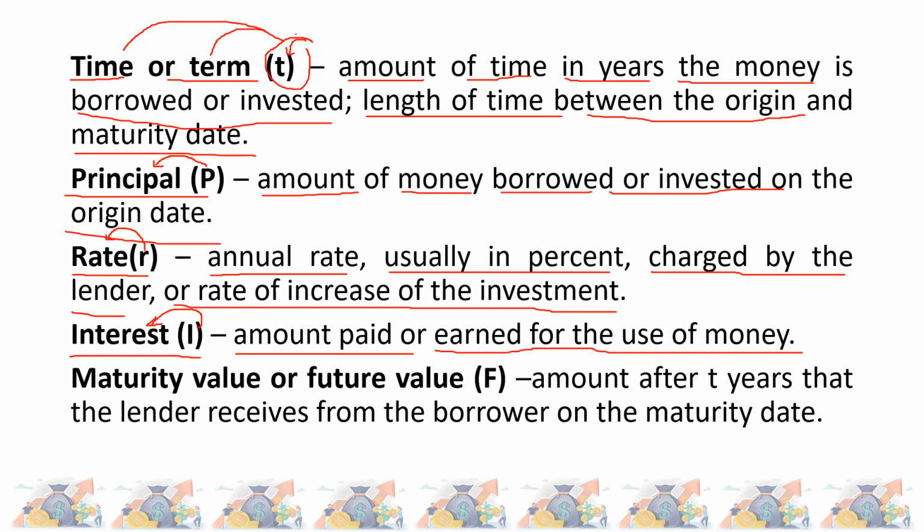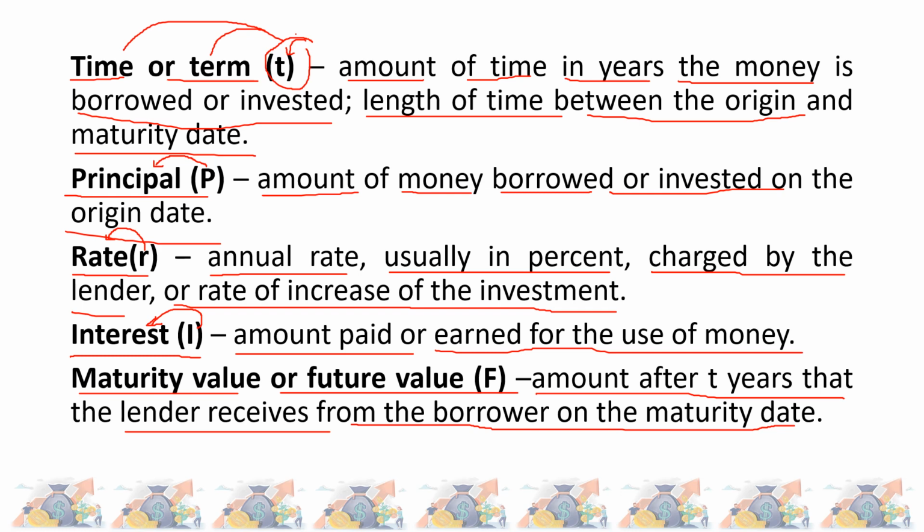Next term is the maturity value or the future value. When we say maturity value or future value, it's the amount that the lender receives from the borrower on the maturity date. In short words, if we simplify the definition of your future value, it is the principal plus the interest.